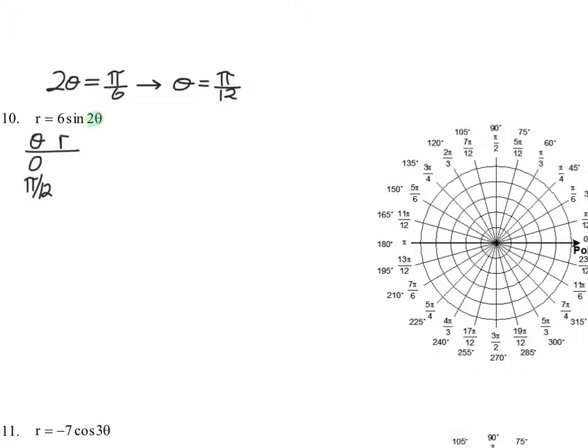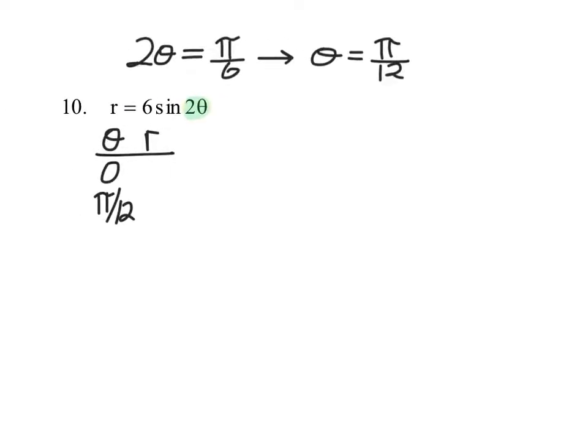All right. So am I going to skip something that's important? Maybe. If I put in a pi over 4, let me just jot that down. When I put it in here and multiply it by the 2, it's going to make it a pi over 2, which is convenient.